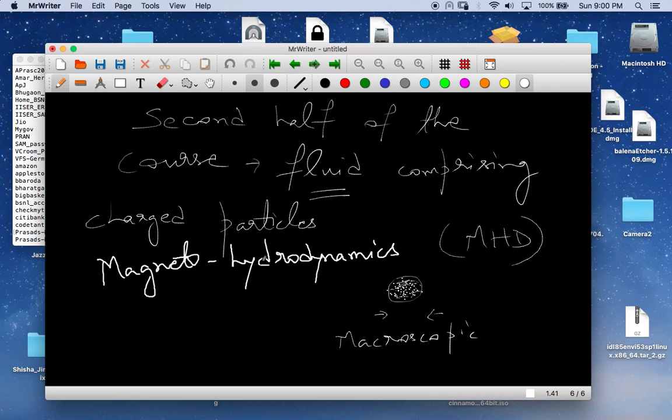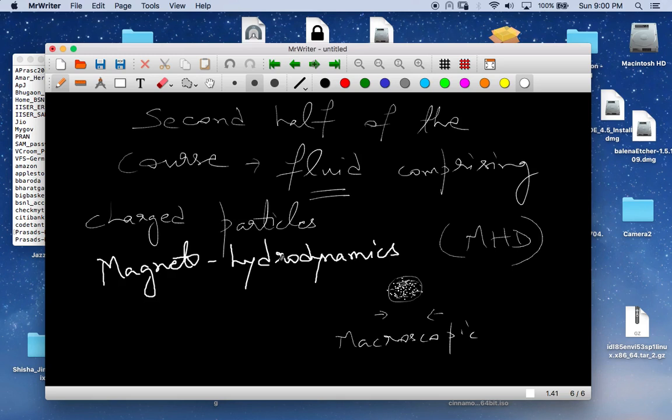However, this kind of a fluid, which is electrically neutral over a macroscopic length scale, but is yet comprised of elementary constituents that are charged particles, such as, for instance, an electron-proton plasma or an electron-positron plasma, will respond profoundly to magnetic fields.